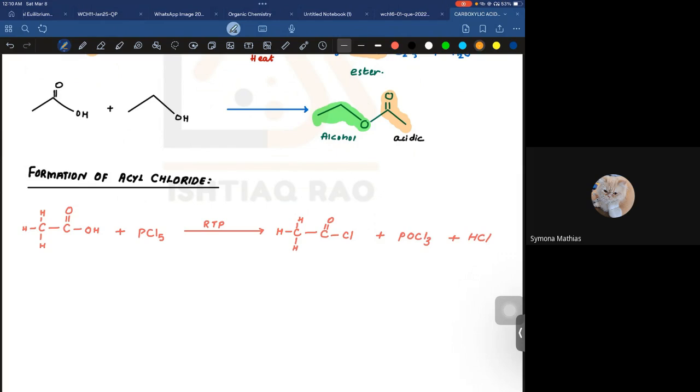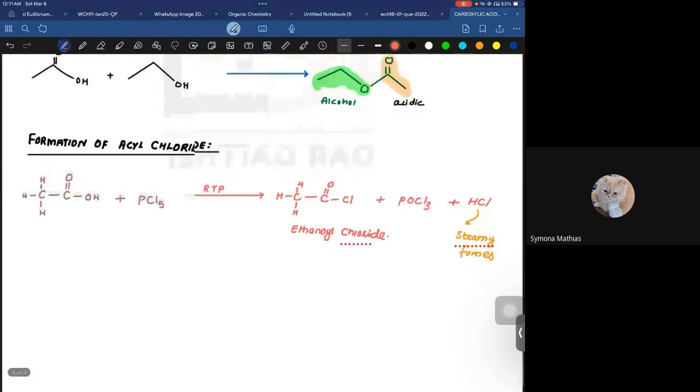What you would observe, due to the presence of HCl, is steamy fumes. This is your observation, and this is ethanoyl chloride. It's a derivative of carboxylic acid.